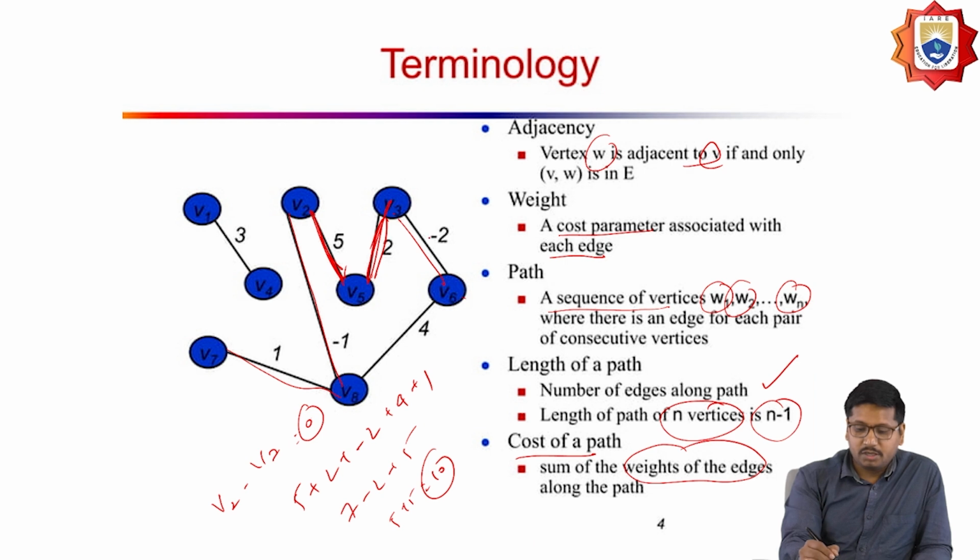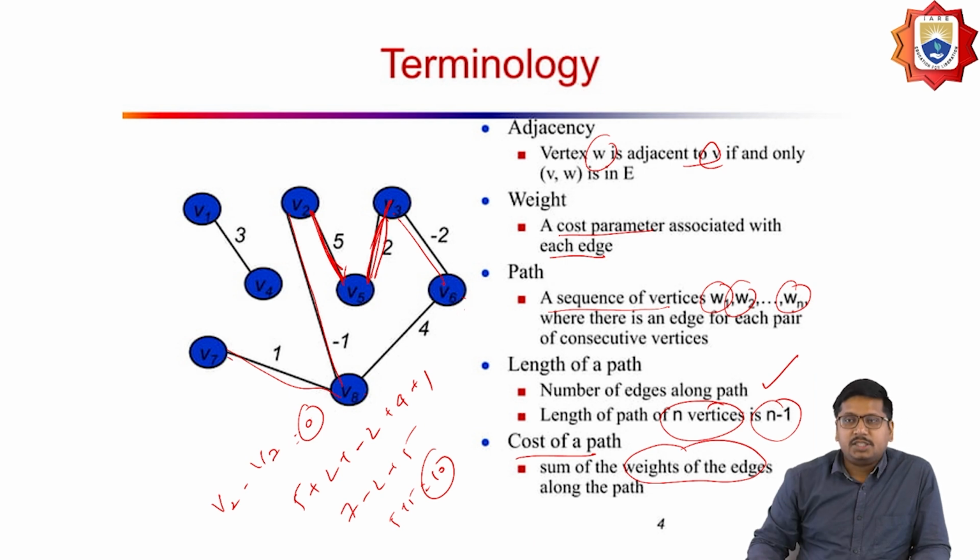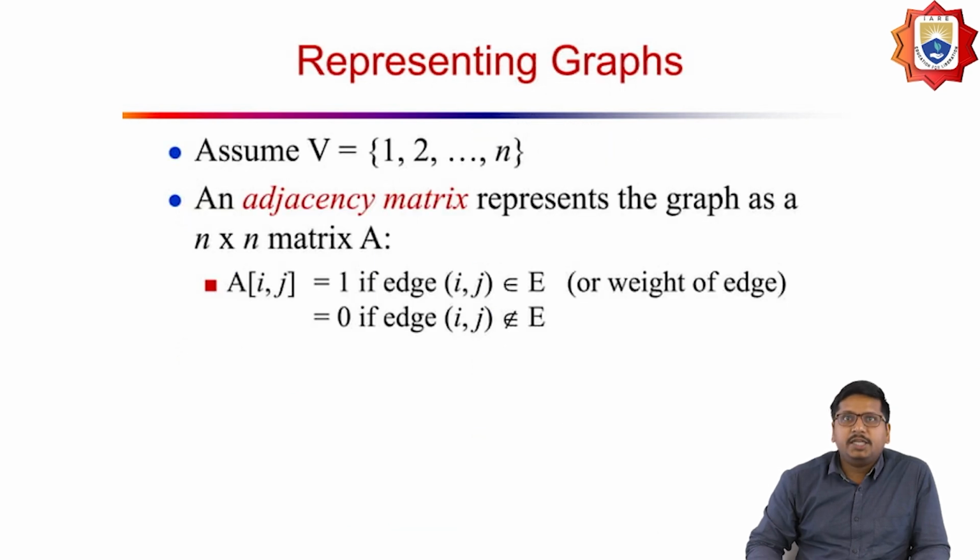Sorry, V5 to V3, V6, V8, and V7. All these will be the edges along the path.